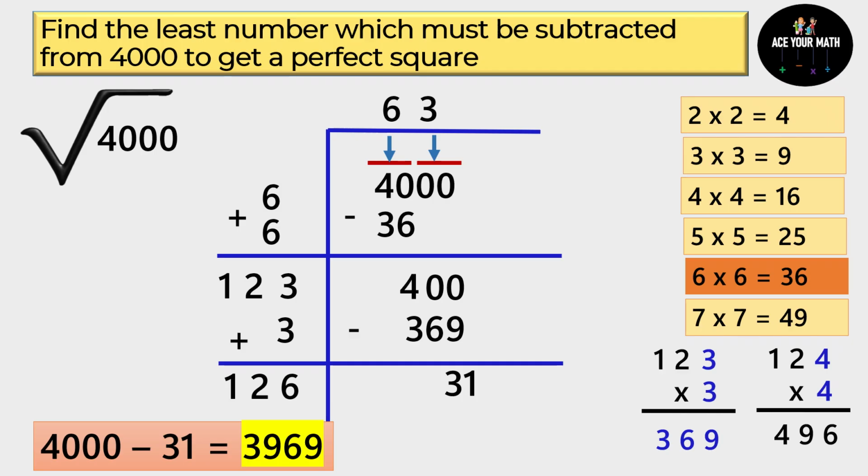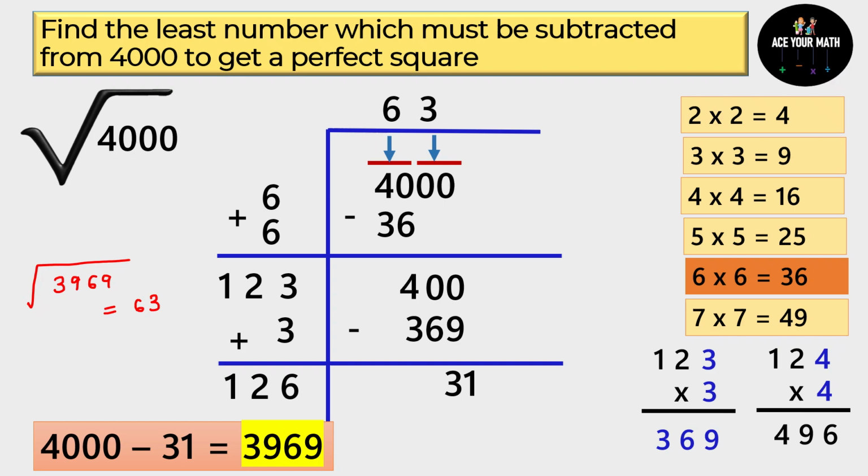So you can write that when you subtract 31 from 4000, you get 3969. And when you find the square root of 3969, you get the answer as 63. Okay, so which number must you subtract? You should subtract 31 from 4000 to make it a perfect square.